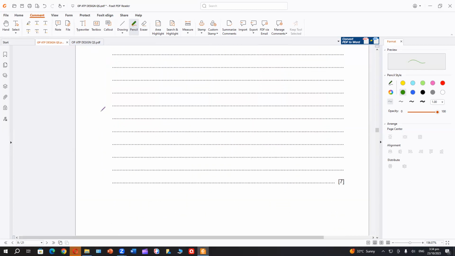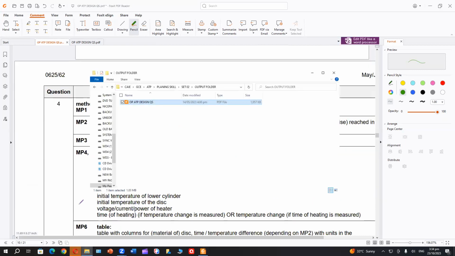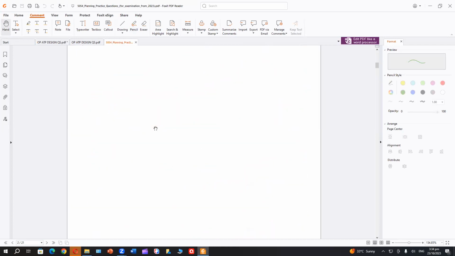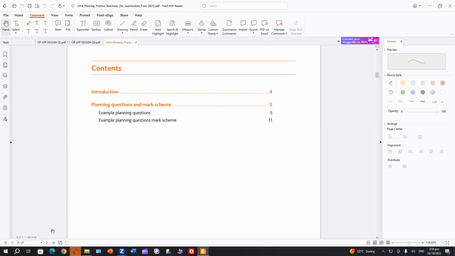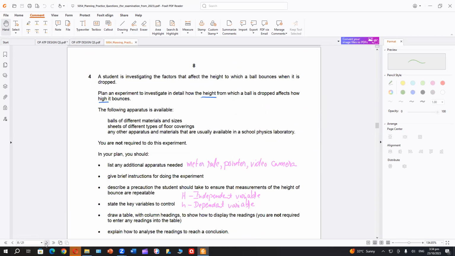Now this file is with the marking scheme, and let us open the file. You have this file also in print form, right?